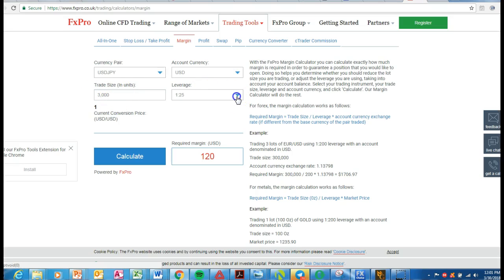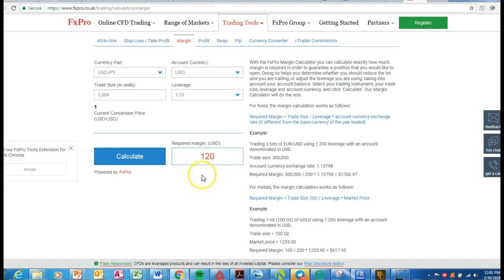Then you can adjust the leverage to what your broker is giving you. Remember, the dollar Japanese yen on Forex.com was 25 to 1. So that's why I have 25 to 1 here. Then I hit calculate, and it tells me my margin will be $120 that will come out if I'm trading 30 cents a pip on that particular pair.